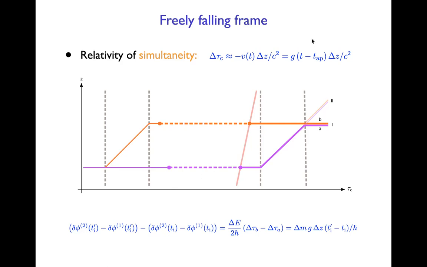And as you plug this result in, of course, you recover the result that one obtained in the lab frame before. So no matter which frame you consider, once you describe things appropriately and take everything into account, for any observable and measurable quantity you should get the same result independently of the frame that you choose to calculate it.